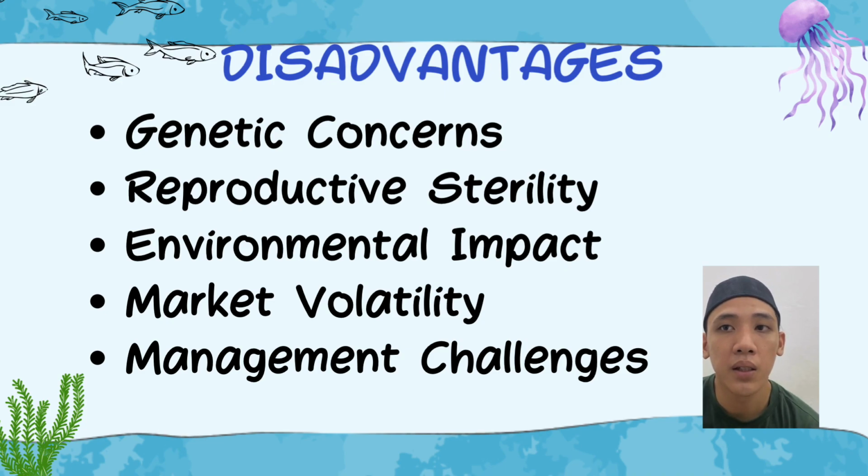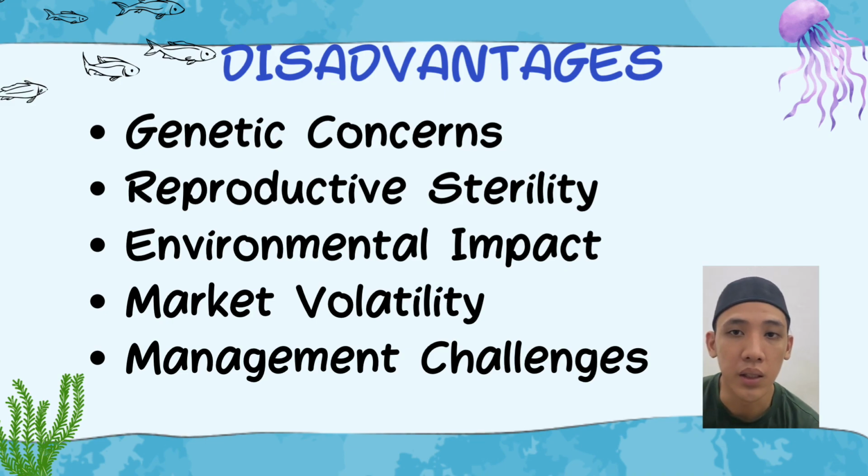The hybrid may exhibit reduced fertility or be completely sterile, which limits the ability to reproduce naturally, and this also makes the effort complicated because it is complicated to sustain the hybrid population through natural reproduction.